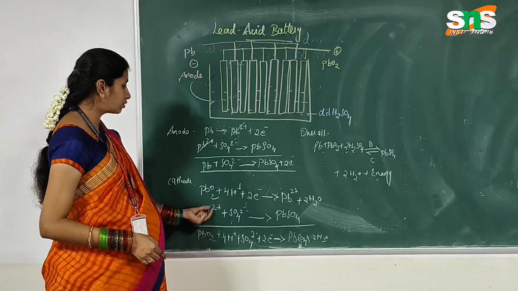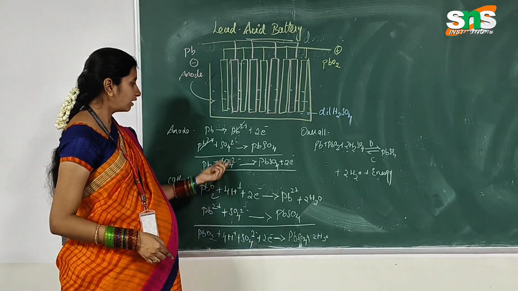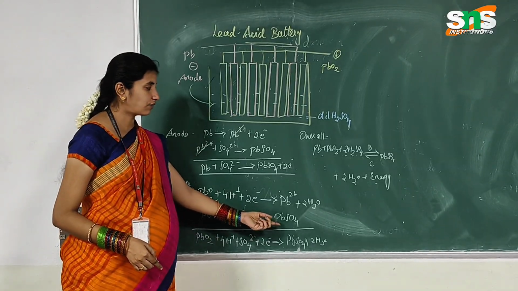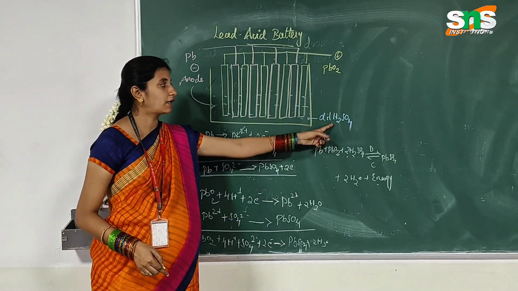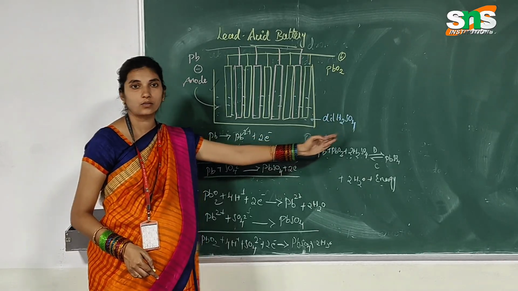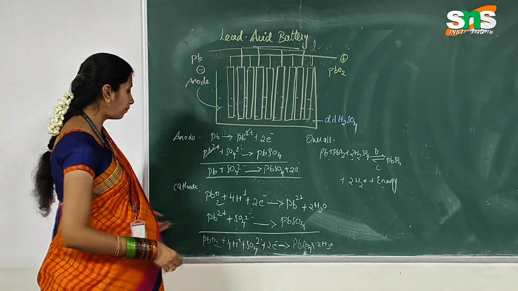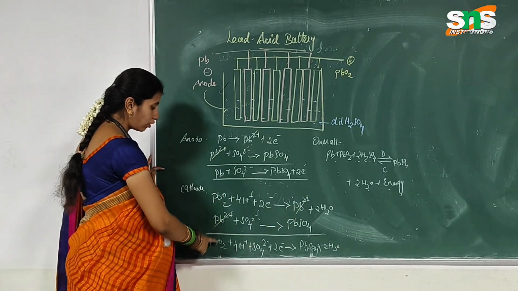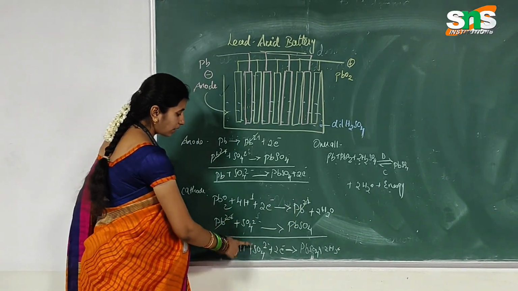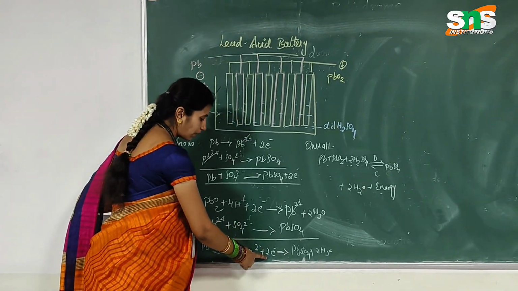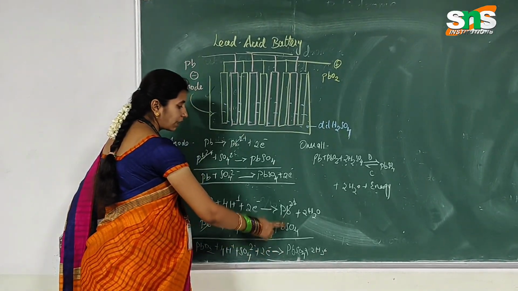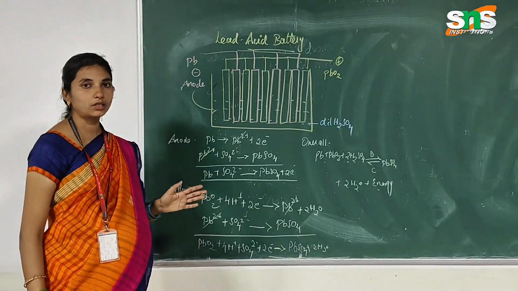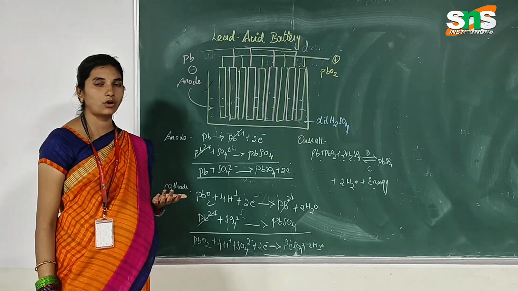Again Pb2+ reacts with SO4 2- and gives lead sulfate. Cancelling out the lead ions, we get PbO2 plus 4H+ plus SO4 2- plus 2e-, and in the forward direction we get PbSO4 plus 2H2O. This is the reaction of how the cathode works with the lead oxide plates.